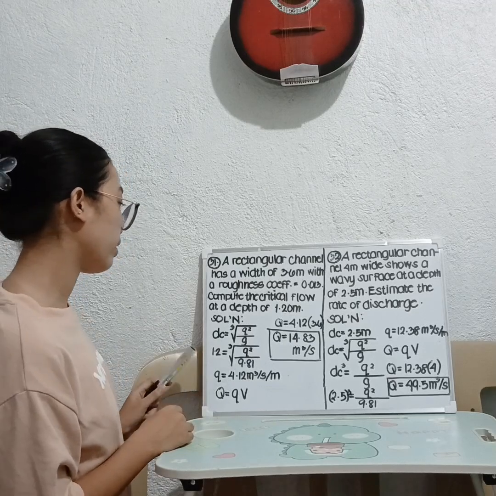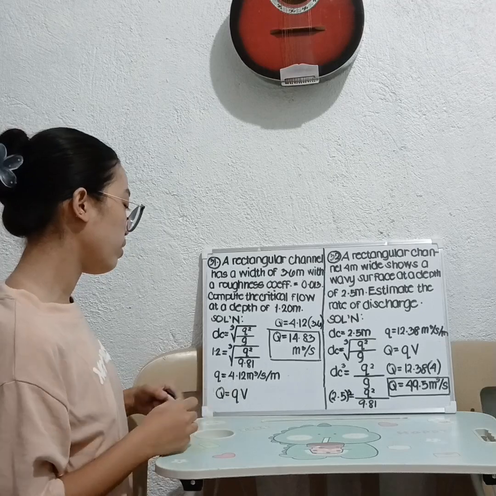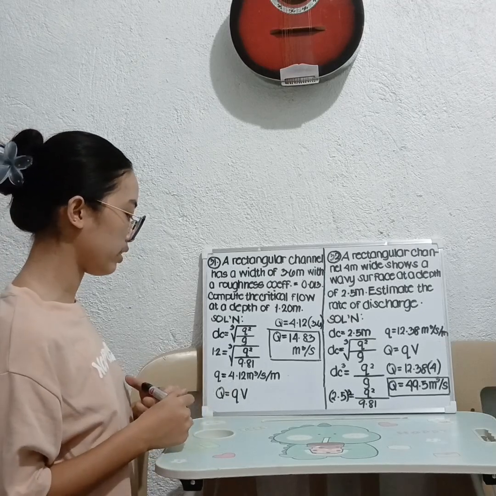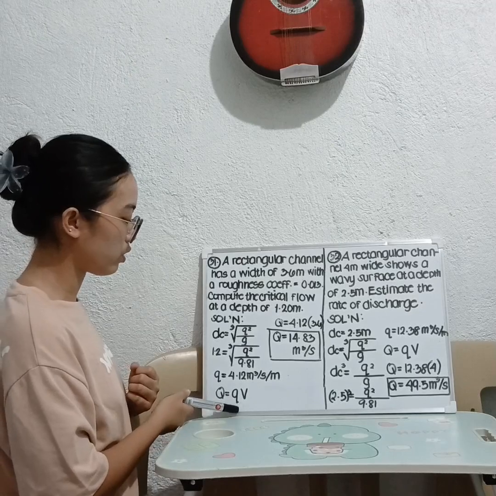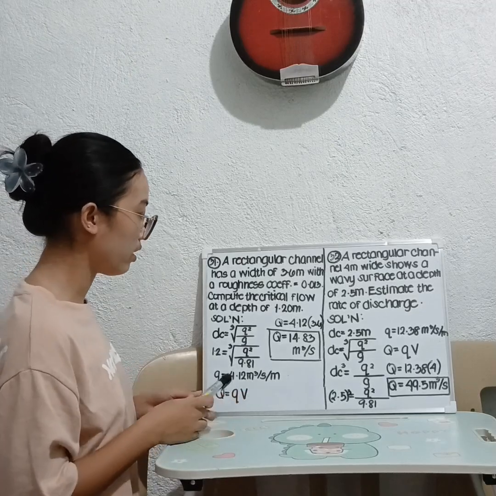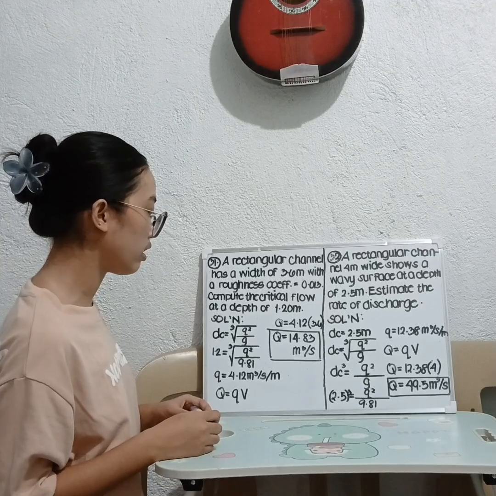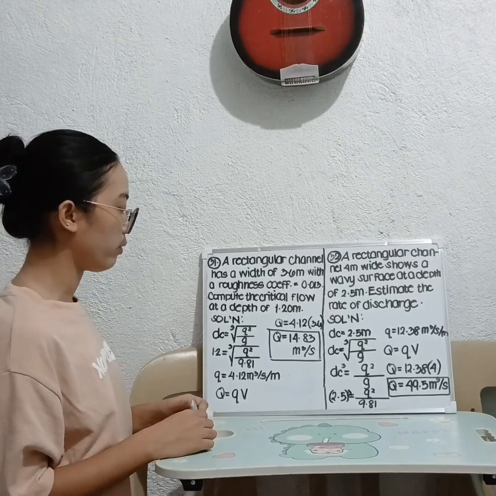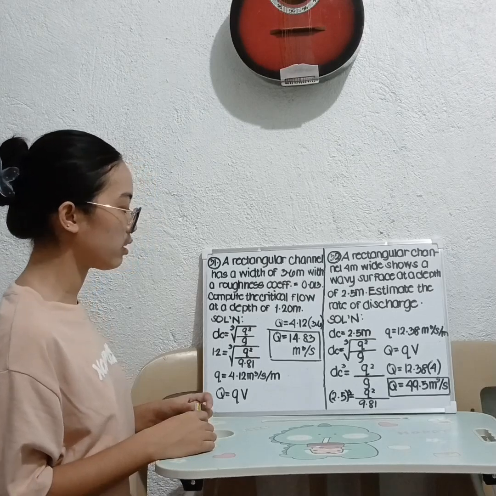We get the q is equal to 4.12 meter cube per second per meter. Then we use the formula of flow rate is equal to q times the width. We have Q is equal to 4.12 times the width of 3.6, and we get Q is equal to 14.83 cubic meter per second.